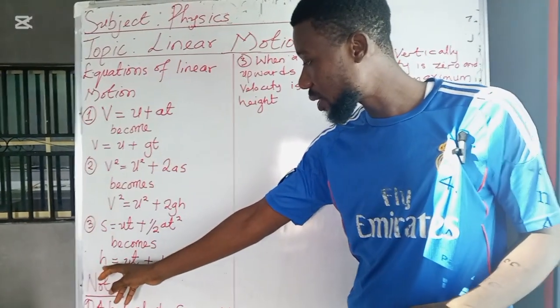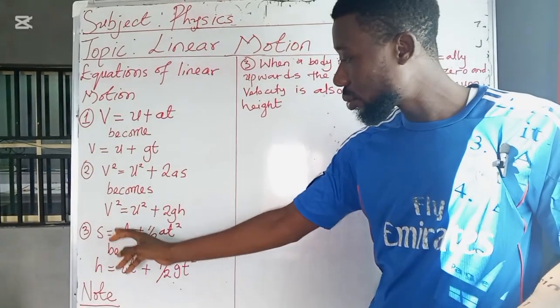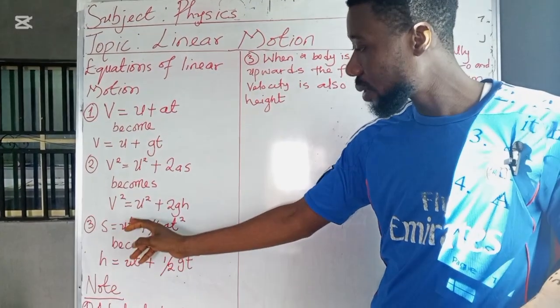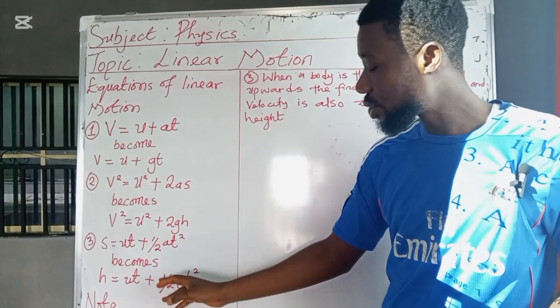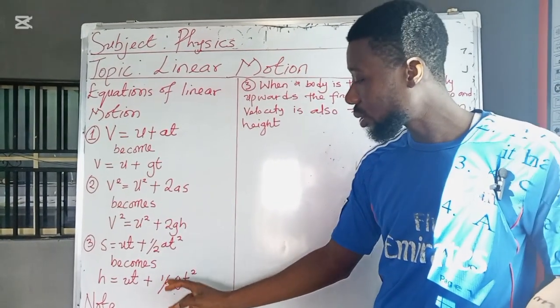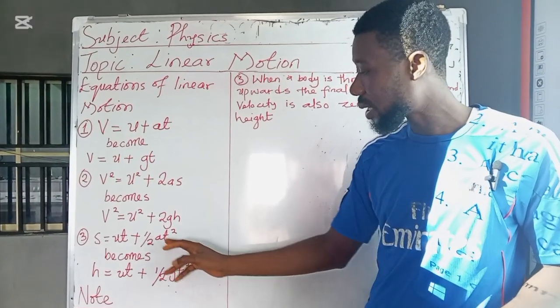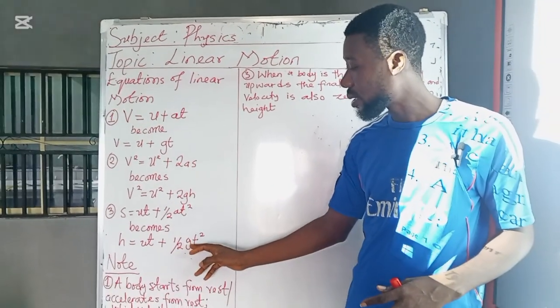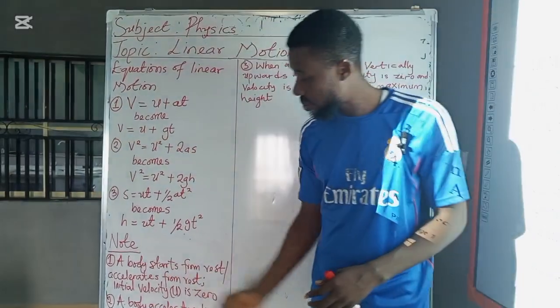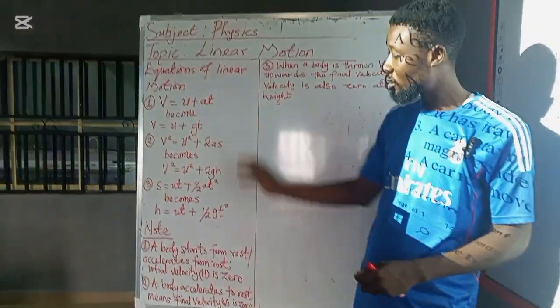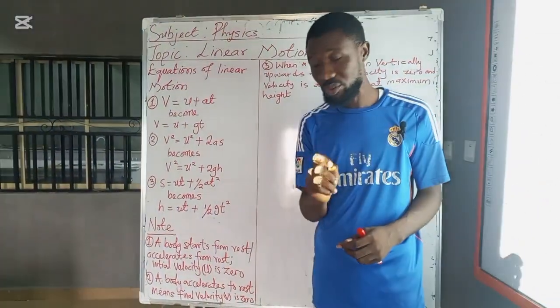So the s becomes h, the u remains in its form, the t is still there, which is time, and you have plus 1 over 2 gt raised to power 2. Now the acceleration becomes gravity.